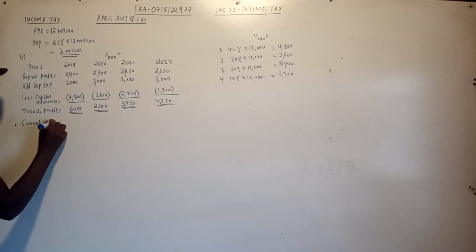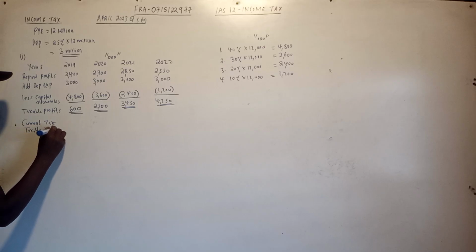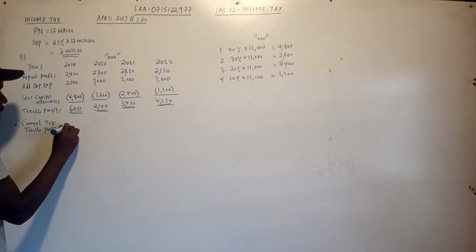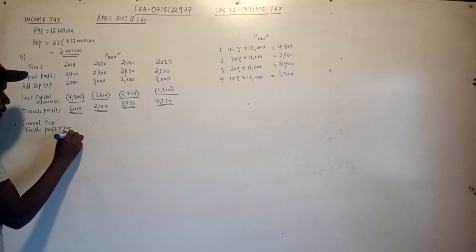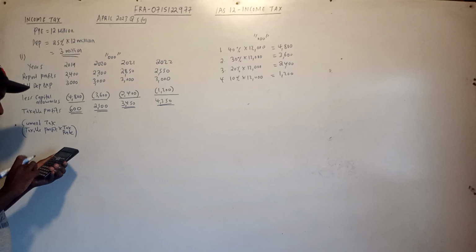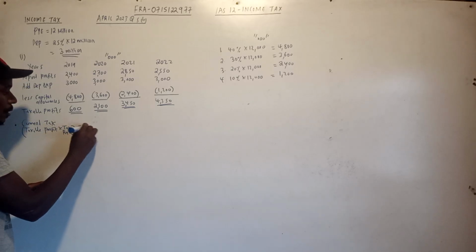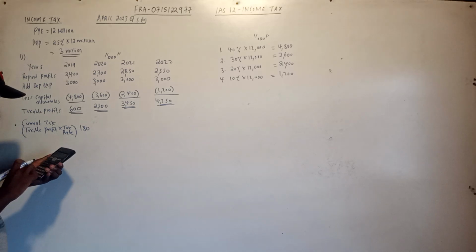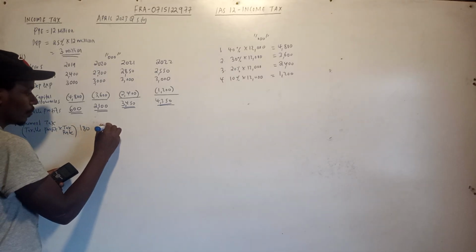Now we can get our current tax. Current tax is equal to taxable profit multiplied by the tax rate. So meaning the first one is 600 times 30%, 180. Then 2,100 times 30%, so it's 630.